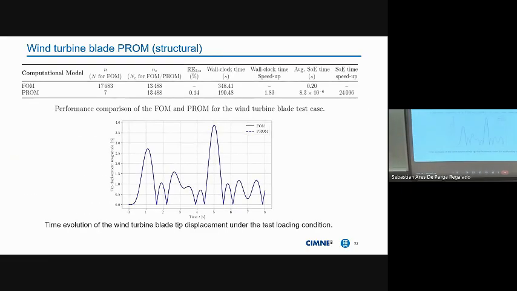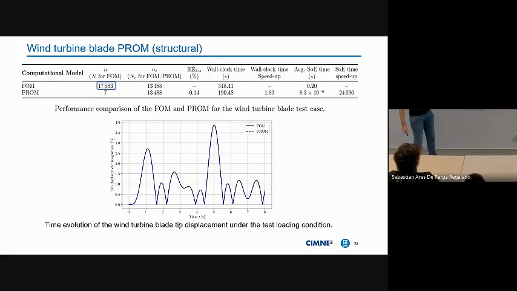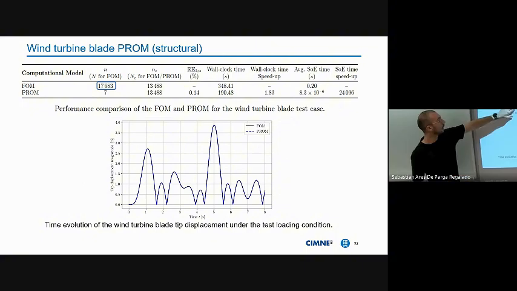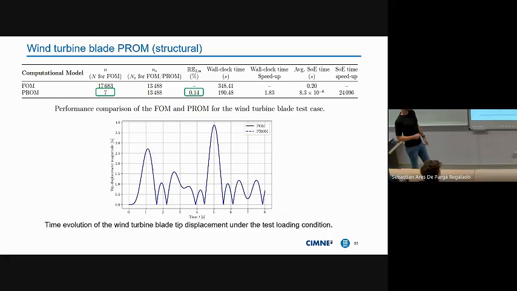And if we build the reduced order model, let us pay attention to the table on the top. The full order model was solving 18,000 degrees of freedom. We managed to solve 7 degrees of freedom, and we are getting a relative error of 0.14%, and the time that we are taking for solving the system is 24,000 times faster than the original one.